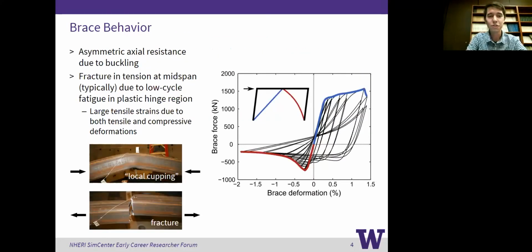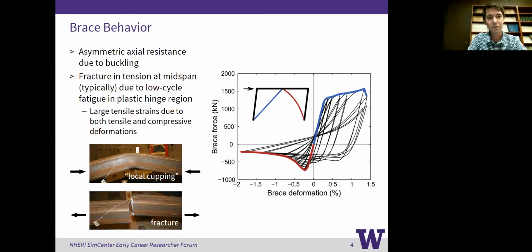Fundamental to the behavior of concentrically braced frames, then, is of course the brace behavior. What we see is an asymmetric axial resistance, and that's largely driven by the buckling in compression that you see in the negative portion of the curve on the right there.